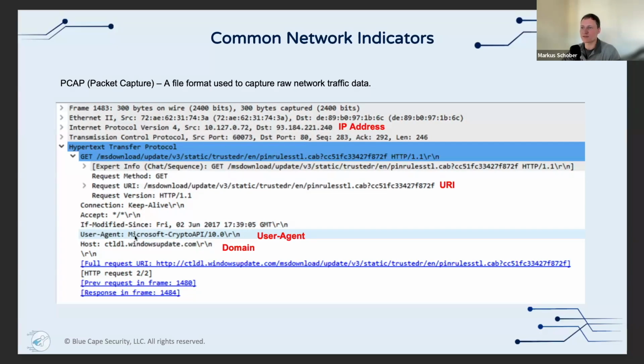For a browser, that's typically Firefox, Chrome, or whatever. For more scripted, automated tools, you would have the tool name, or you would have Python here, for example, which is usually not a great sign. Those are just the different indicators that we can take away from a simple packet capture.